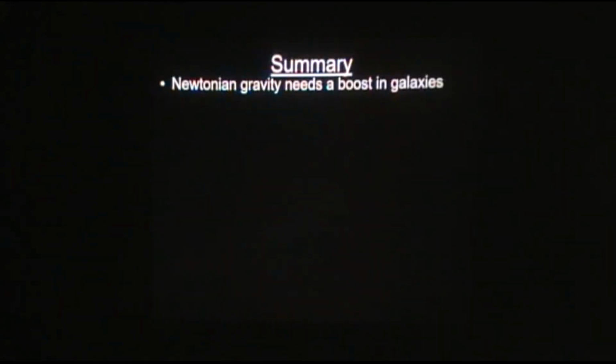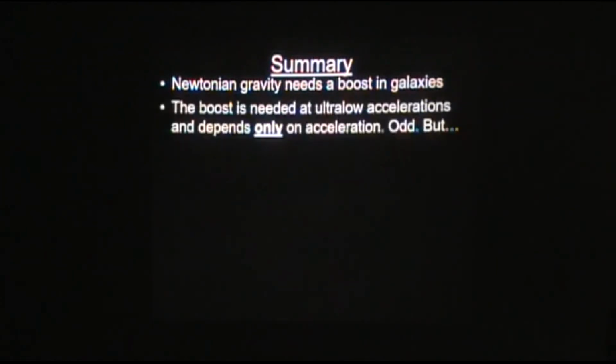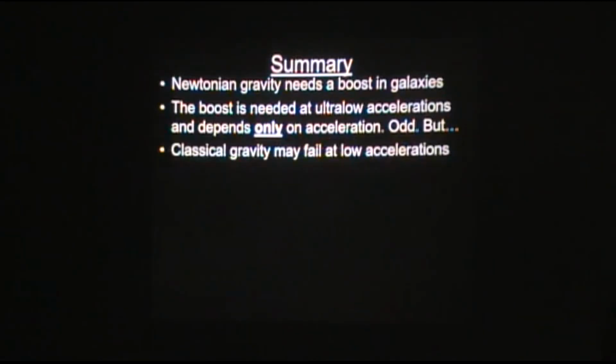So just to summarize what we're saying so far, you need to boost Newtonian gravity in galaxies somehow. It could be by dark matter, but whatever you believe, the boost is needed only at very low accelerations. And importantly, the amount of boost you need is higher at smaller accelerations, which is slightly weird because it should depend on how much dark matter there is rather than on how curved space-time is at that point.